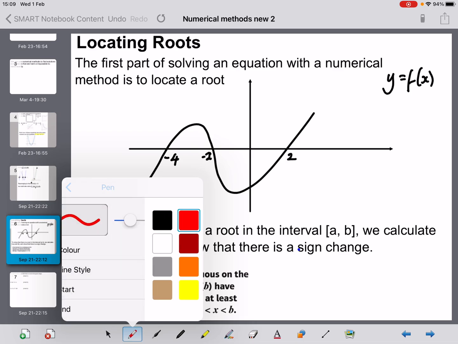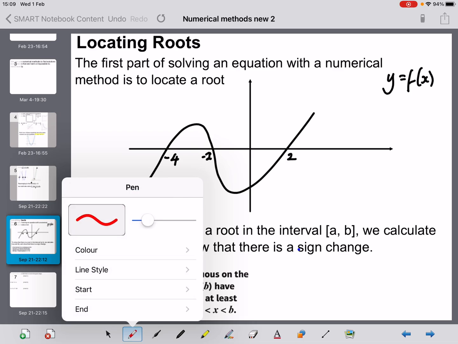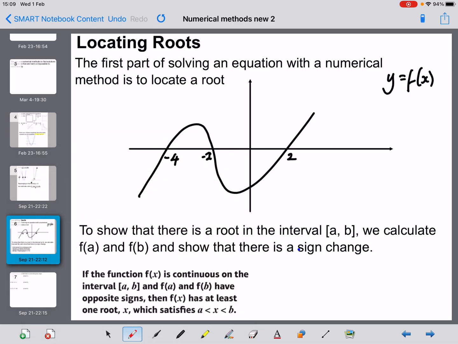Now what I'm going to do is consider, first of all, these points here. So here, here, and here. That is where y equals 0, as you know. So those are the roots of f of x equals 0. Now, what I want to look at is the signs of the y coordinates either side of the root.